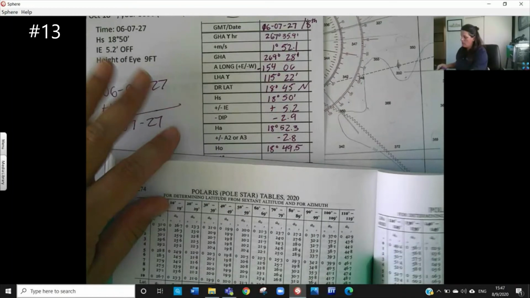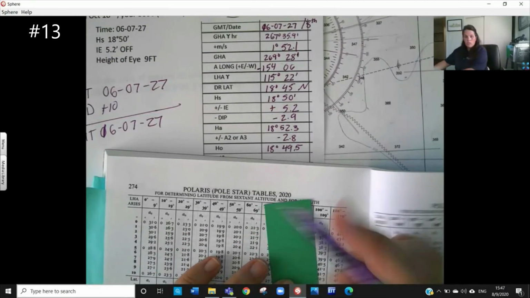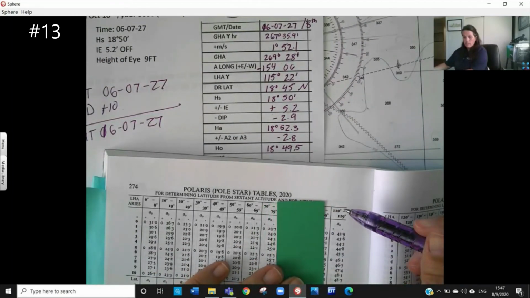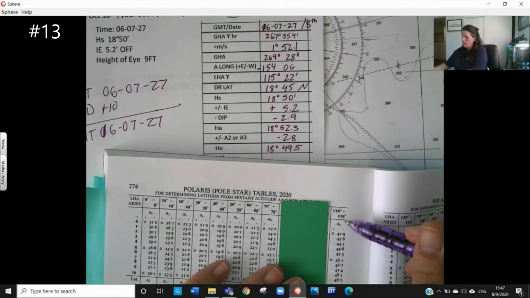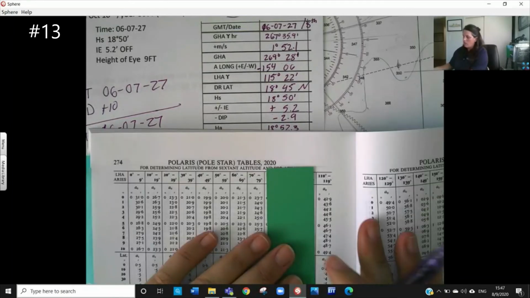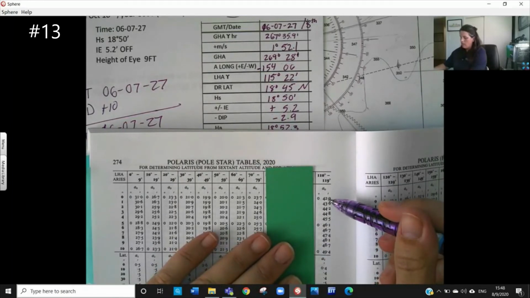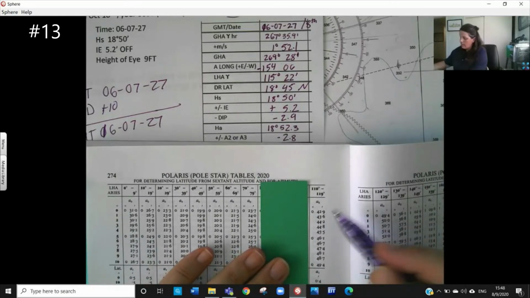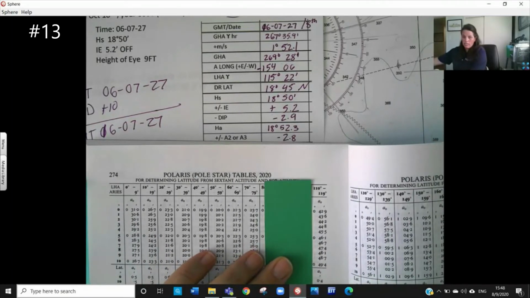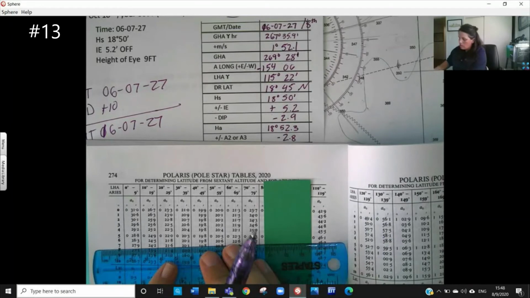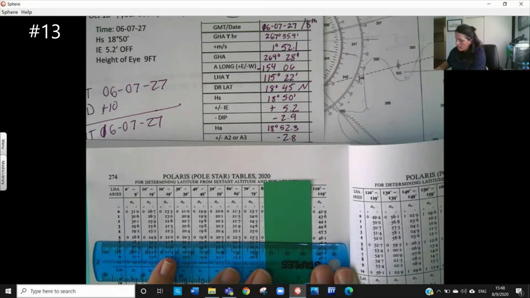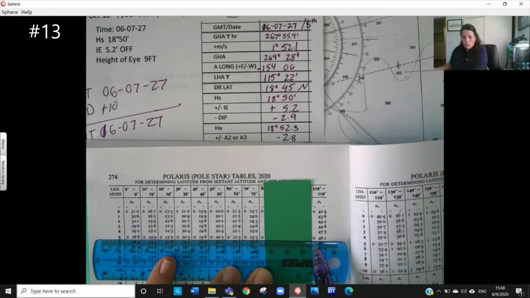So we're going to be in between 100, 110, and 119. So our 115 is going to be right about here. 0 degrees, 46.1.